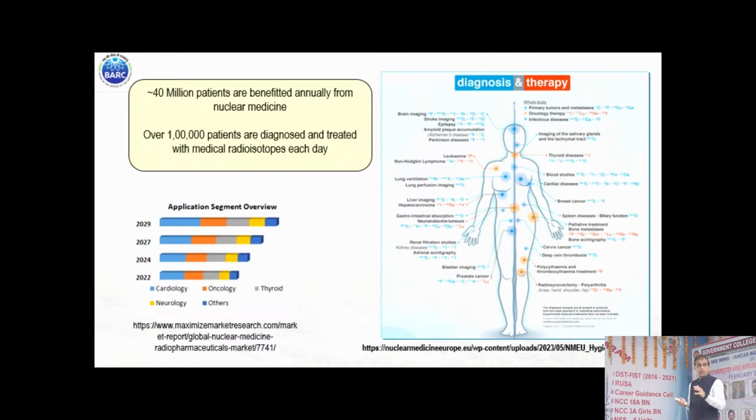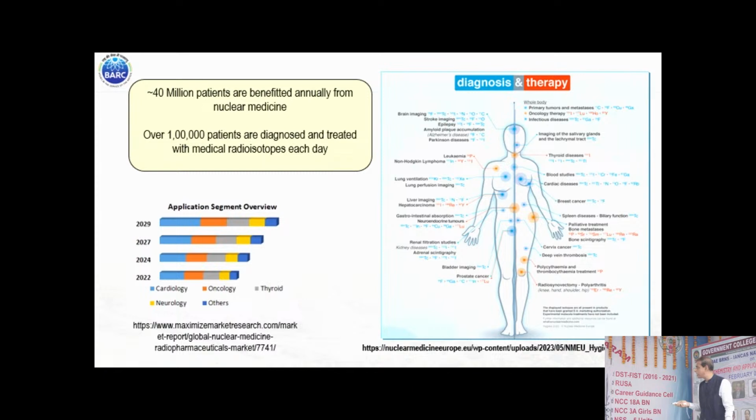So, now let us look at the world scenario before we actually come to the actual subject. There are around 40 million patients who benefit annually from nuclear medicine treatment. This is the global statistics, and over 1 lakh patients are diagnosed and treated with medical radioisotopes each day. Though by the term radioactivity or radiopharmaceutical we always think of cancer, the major use is not for cancer.